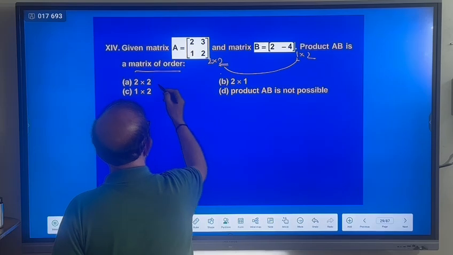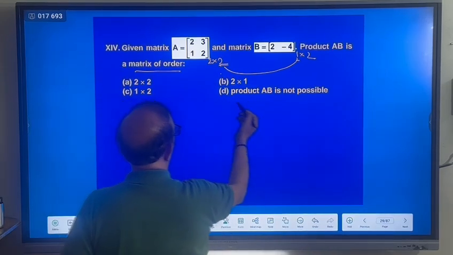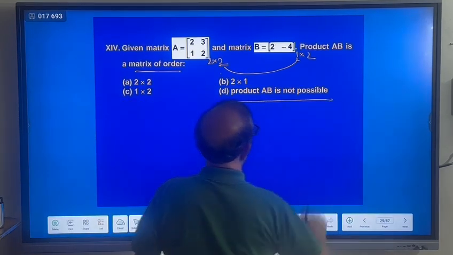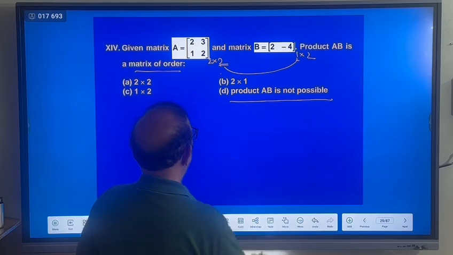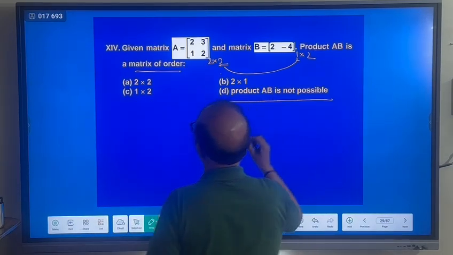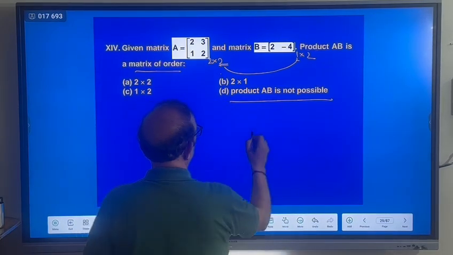If it is of order 2/2, 2/1, 1/2, or product AB is not possible. Just I explained this is not possible. So option is D.